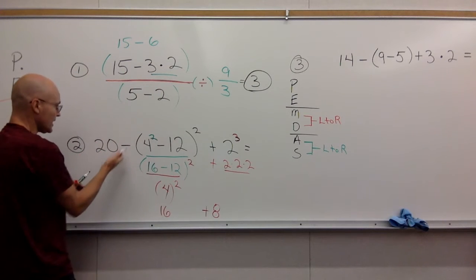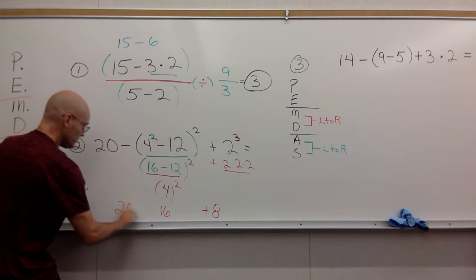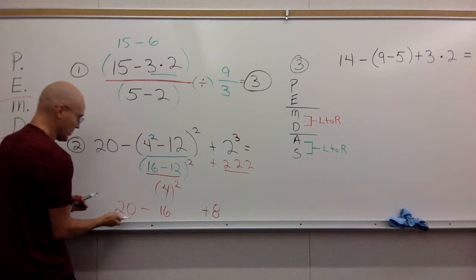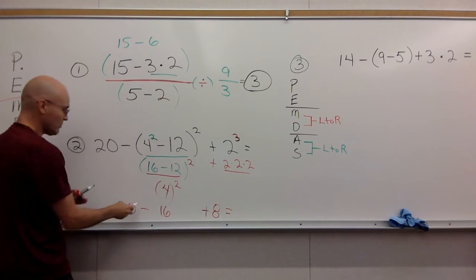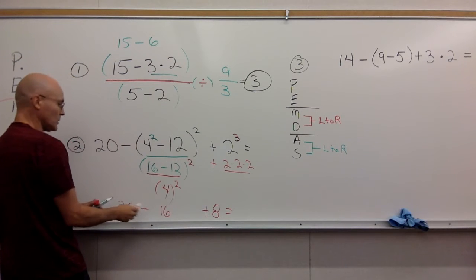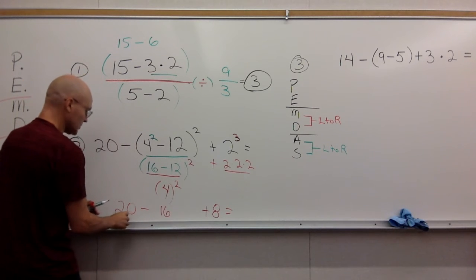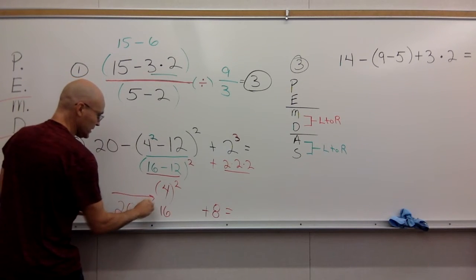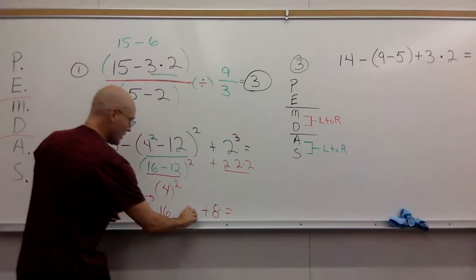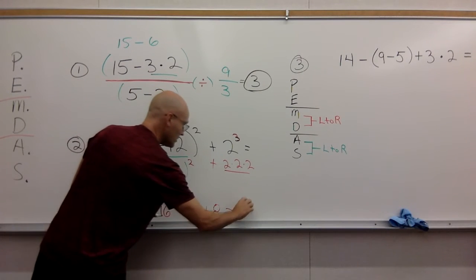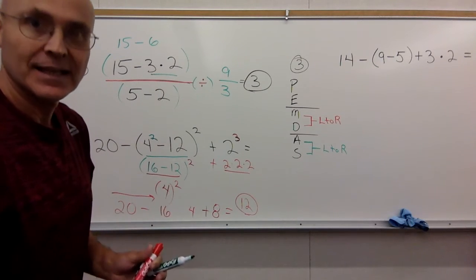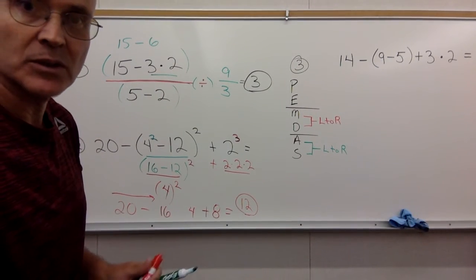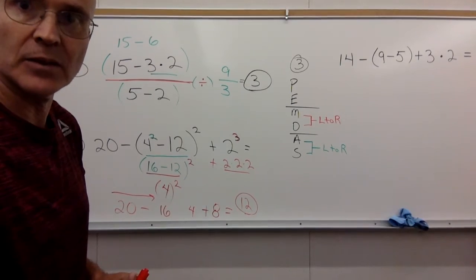And then we got the 20 and the subtraction. And now we can finally see that we have 20 minus 16 plus 8. We got to go left to right now. So 20 minus 16 is 4, and we now have 4 plus 8. And you get the final answer of 12. I hope that made sense. The exponents cause a little bit of problems. So let's take a look at number 3.